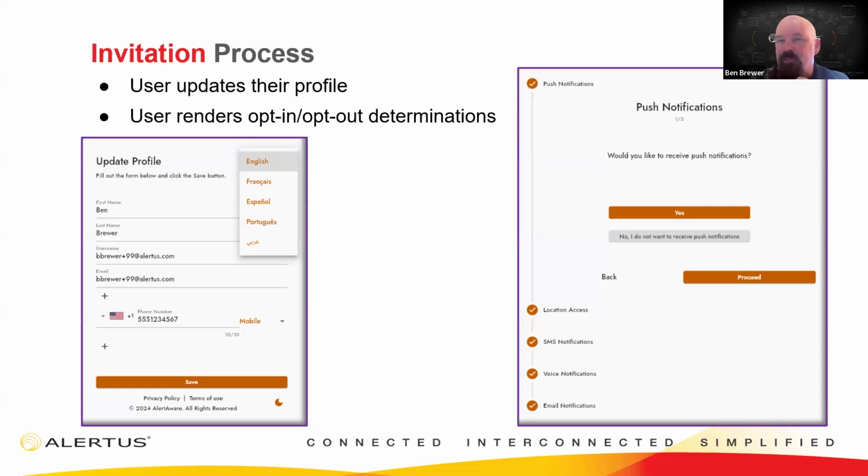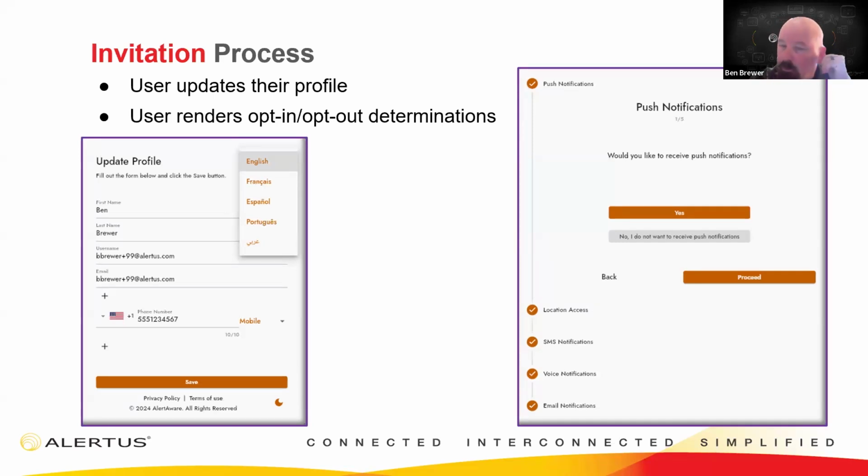In the event that something does happen, they come back and say, well, you didn't send me a push notification. If they opted out, you'll have that kind of legal record within the system to be able to support your position as to why they did not receive that alert. But it will walk them through their opt-in, opt-outs with regard to how the mobile app functions and how the system functions, and it will walk them through everything that you see on the screen.